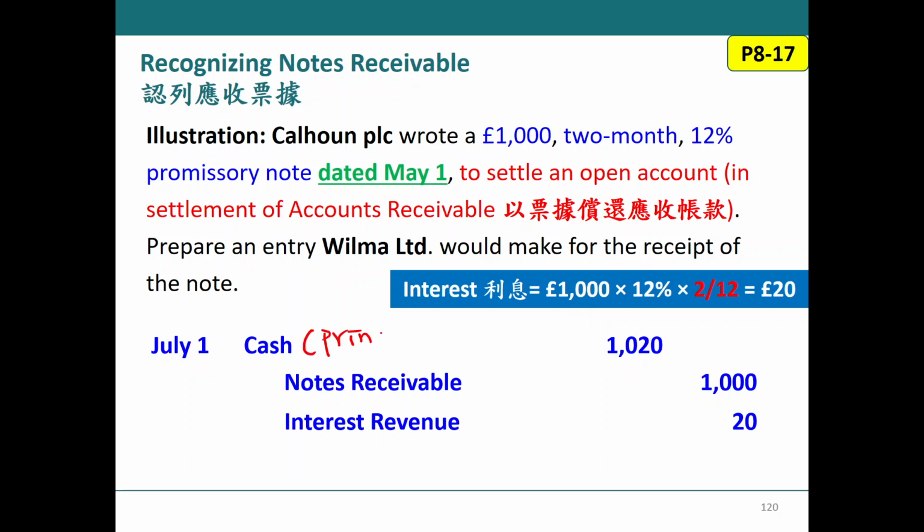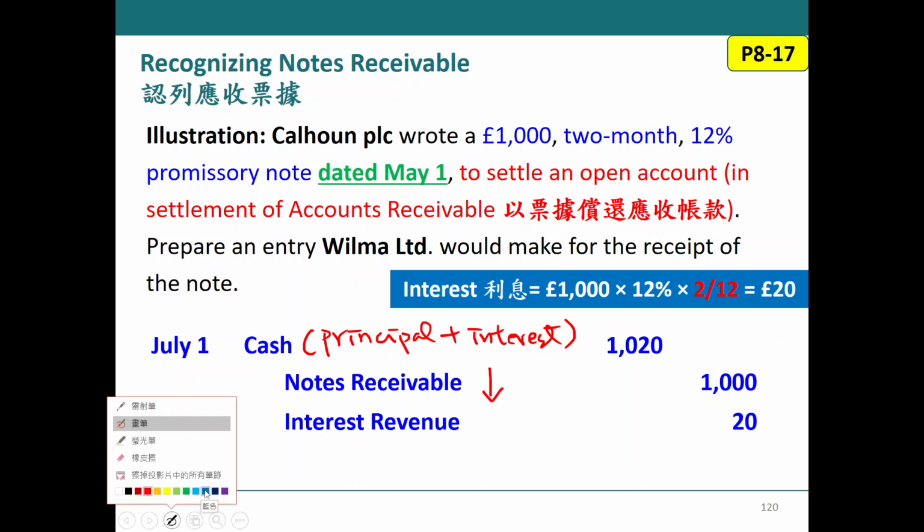So you got principal and interest. 本金加利息。Okay? So since you got principal and interest, the customer doesn't owe you money anymore, right? So any receivables should be decreased because they don't owe you money anymore.